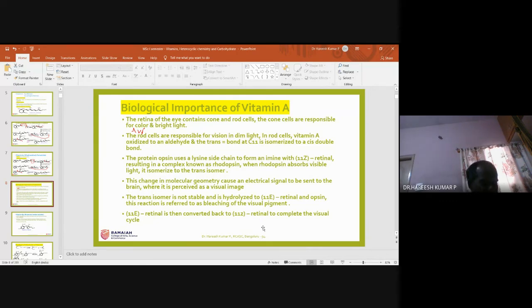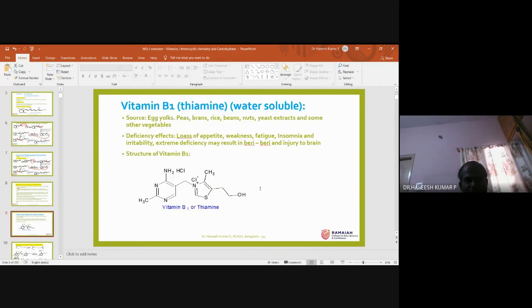Otherwise, I can take one more vitamin, vitamin B1, maybe in the next class. It is also called thiamine. If you have any doubt, you can ask me. Otherwise, I will stop at this stage.